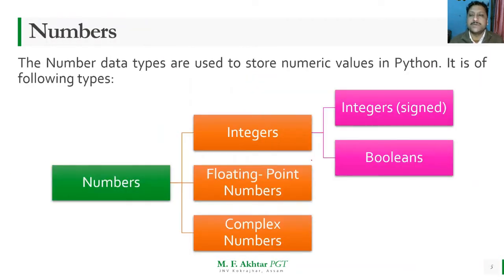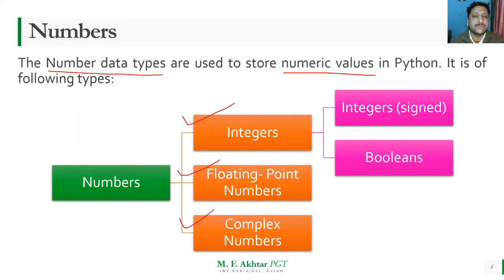Now first we are going to learn about number data types. Number data types are used to store numeric values in Python. Numbers are basically of three types: integers, floating point numbers, and complex numbers.